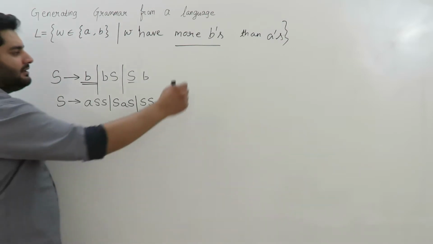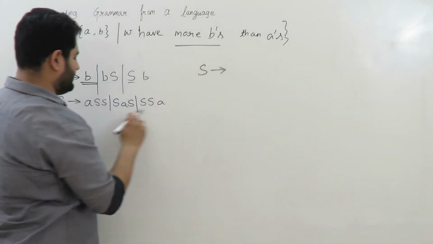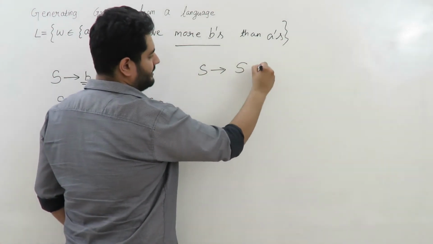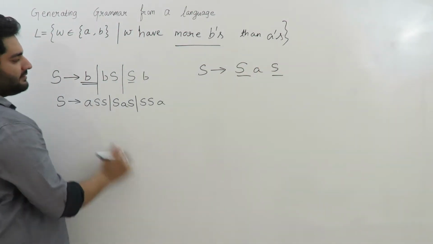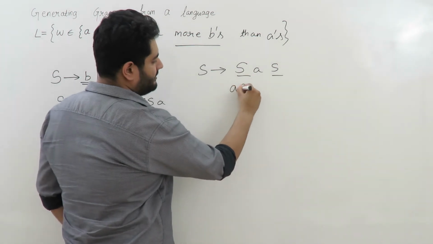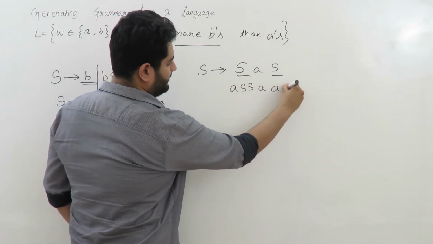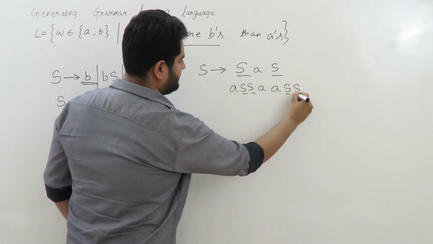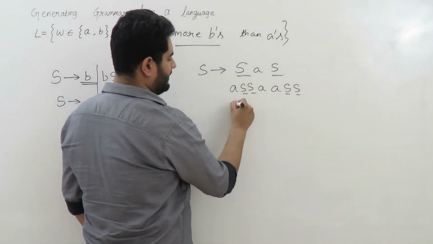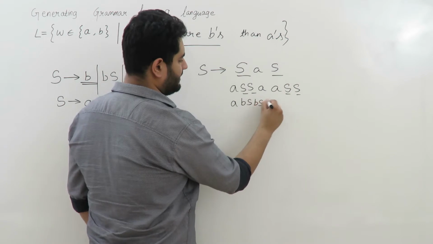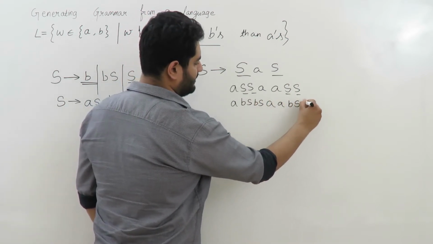Consider one example. We write S derives SAS. Substitute this S with ASS, ASS, ASS. Now these four S can be substituted using BS, A, BS, BS, A, A, BS, BS.